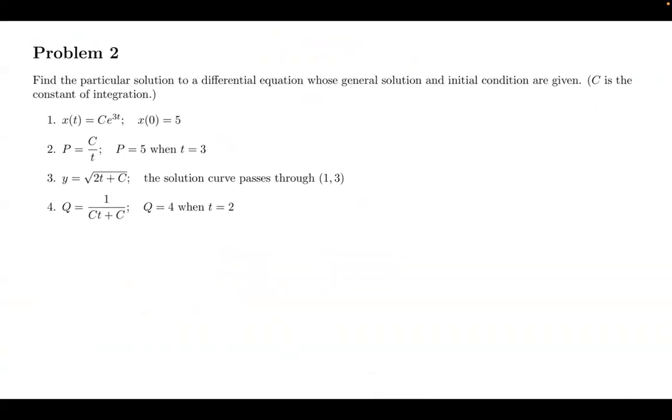This question is asking to find the particular solution to a differential equation whose general solution and initial condition are given, and C is the constant that we need to determine. If you pick maybe the first one, the simplest problem, you are given that x of 0 is equal to 5. It means at t is equal to 0, the value of x is 5.